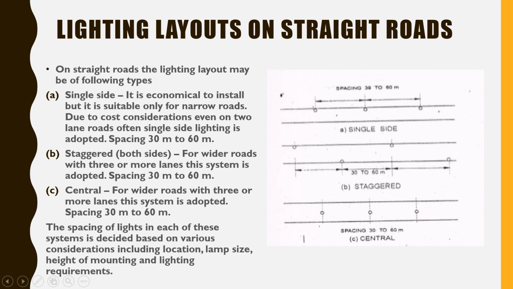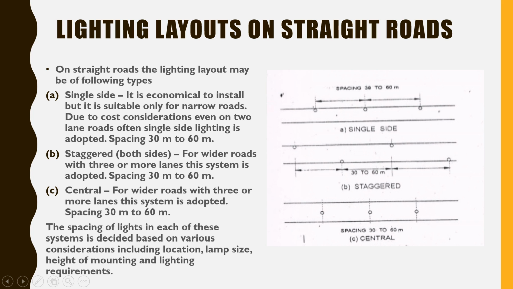The next type is staggered, and as you see, it is on both sides. The lights are placed on both sides, and they are not directly opposite to each other. That's why it is called staggered. This system is adopted for wider roads with 3 or more lanes, and the spacing you can see in the figure is 30 to 60 meters between lights.